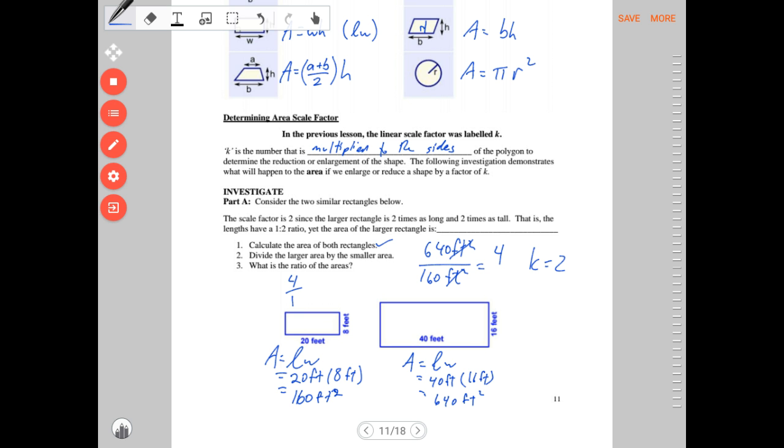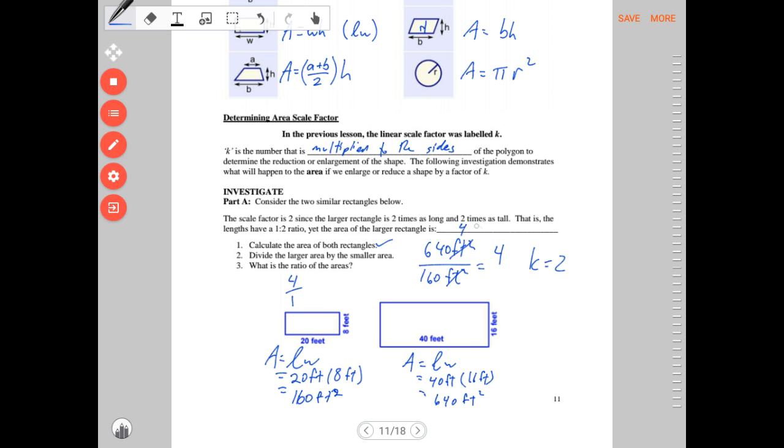So let's go back up to our little sentence here. The scale factor is 2, since the larger rectangle is 2 times as long and 2 times as tall. That is, the lengths have a ratio of 1 to 2. Yet the area of the larger rectangle is 4 times bigger, or the ratio is 4 to 1.